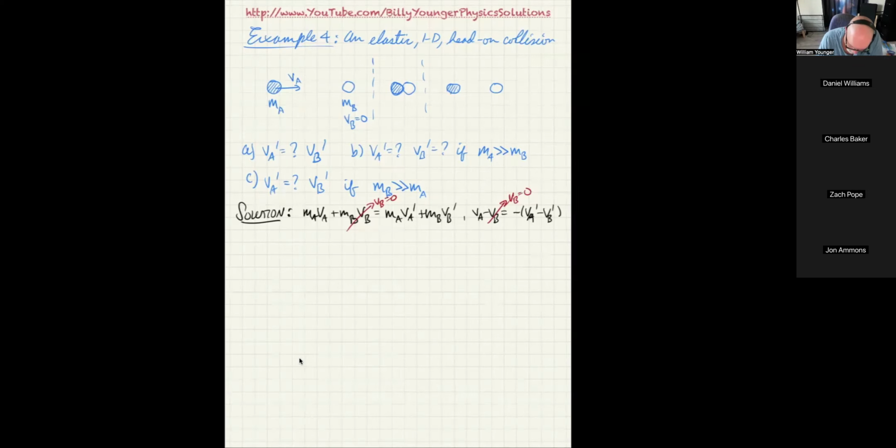What we're going to say now is we have MAVA is equal to MAVA prime plus MBVB prime. And we also have VA is equal to negative VA prime plus VB prime. So those are our two equations.